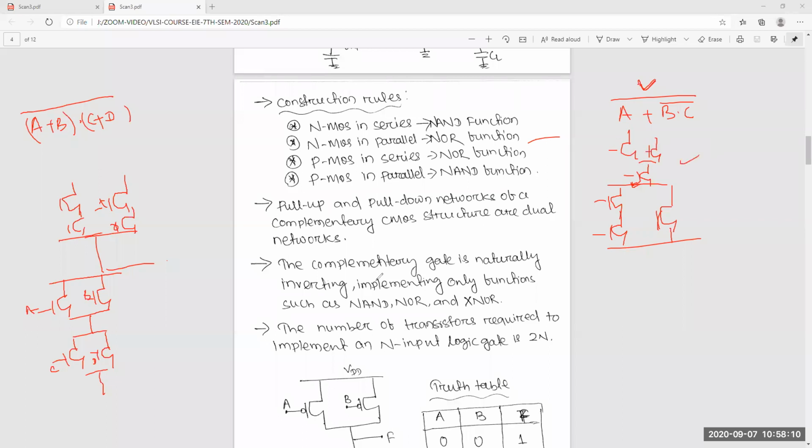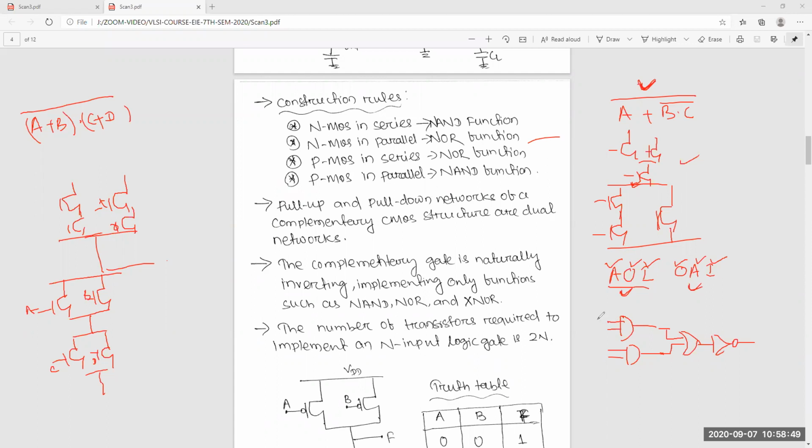So these types of circuits, we can generally say, are complex circuits, that is AOI or OAI, AND-OR-invert or OR-AND-invert. AND-OR-invert is generally the sum of products. Suppose this is AND, then OR, then invert.